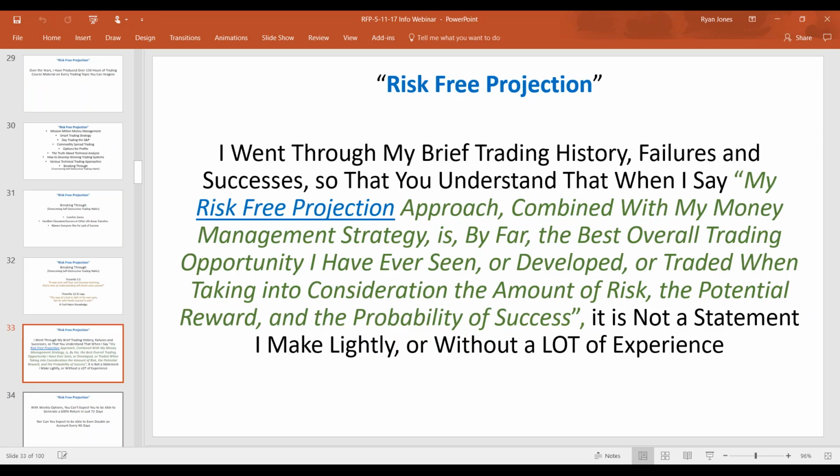And the reason I've gone through this brief history of my trading, both failures and successes, and all the course material and the amount of time that I've spent, is because I want you to understand that when I say my risk-free projection approach combined with my money management strategy is by far the best overall trading opportunity I've ever seen or developed or traded, when taking into consideration the amount of risk, the potential reward, and the probability of success, it is not a statement that I make lightly or without a lot of experience.